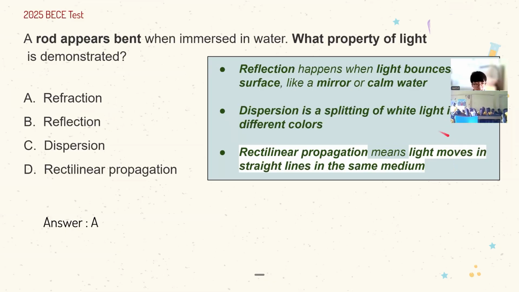And this last option, rectilinear propagation, just means that light moves in a straight line in the same medium. But we've looked at only these three properties of light, and out of them, it is refraction. Yeah, great job.